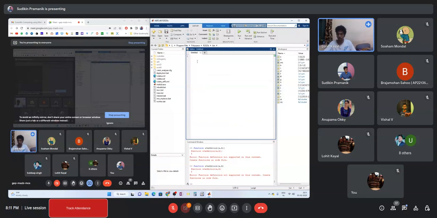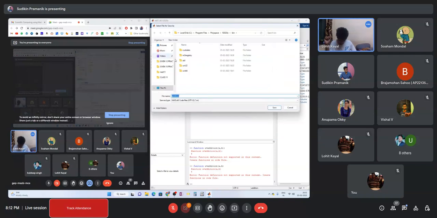Now write here u equal to addition ab. Now save it. Go to it.